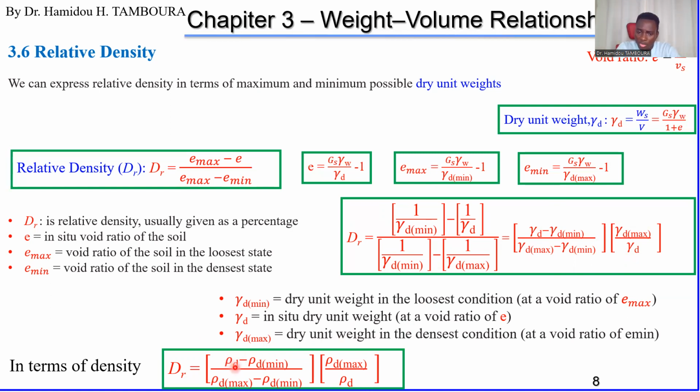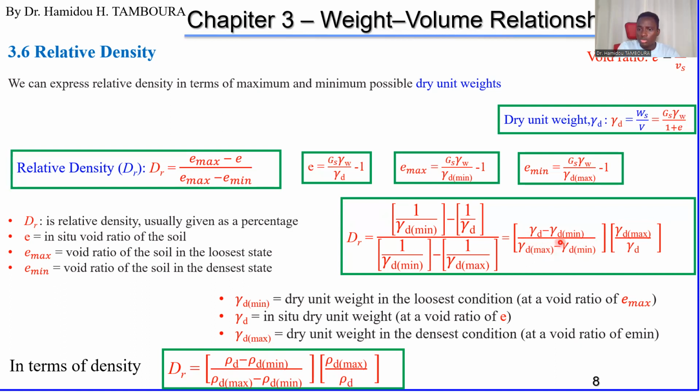So rho d minus the minimum rho dry, divided by this difference, maximum rho dry minus minimum dry density. Here, maximum dry density divided by the dry density you have in your lab or in situ right now. Okay.